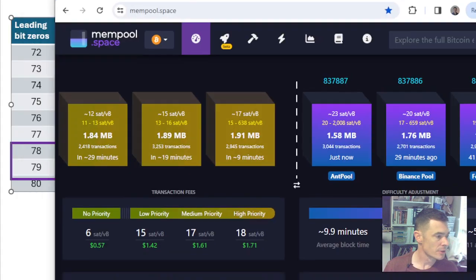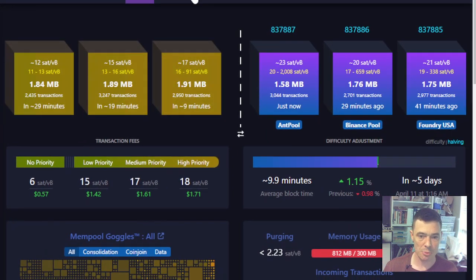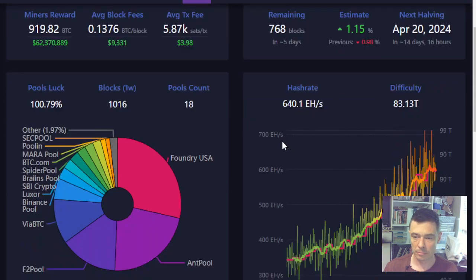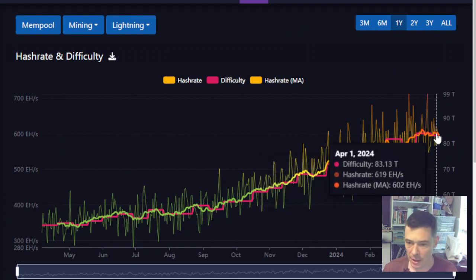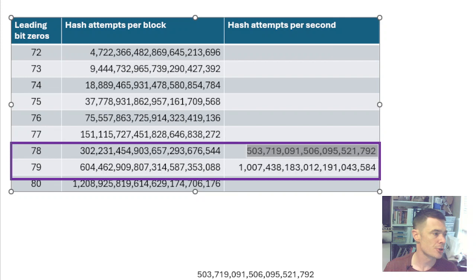So if we pull back in the mining dashboard, we can see that the current difficulty is roughly 619 exahash. So we're running a little bit on average more than 78 leading zeros. So even though we just counted 79, that does happen.